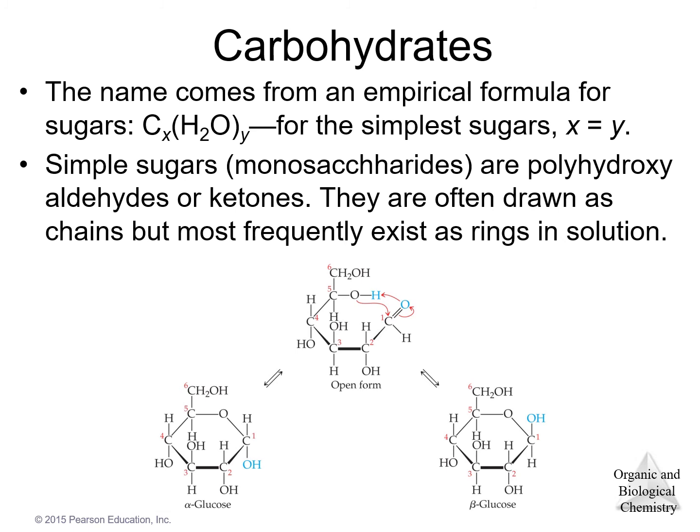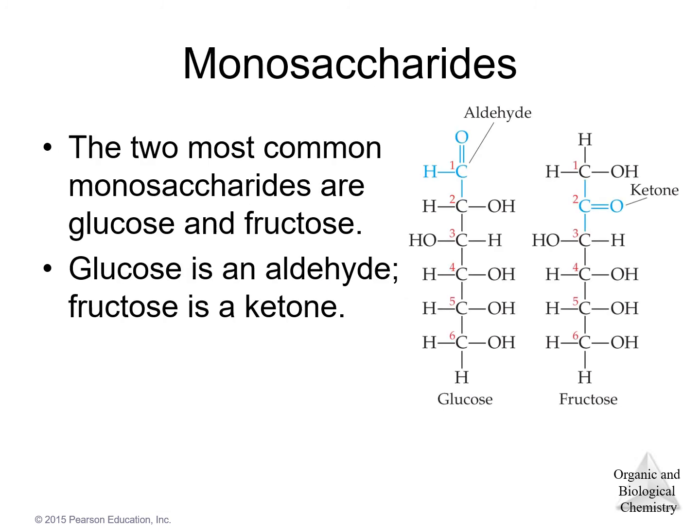Now, simple sugars are polyhydroxyaldehydes or ketones. They're often drawn as chains, but most frequently exist as rings in solution. Now, monosaccharides, the most common ones are glucose and fructose. Now, glucose is an aldehyde, fructose is a ketone.